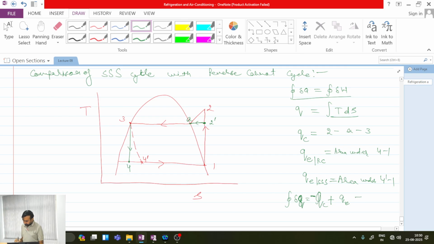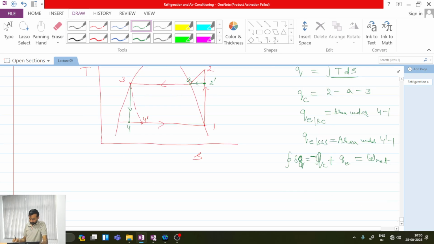And this must be equal to the net work done, W net. The net work done is negative, which means work is done on the system. So if I take the difference of these areas, that gives me the work required by the system, or the cycle. So what will be the work done for the reverse Carnot cycle?